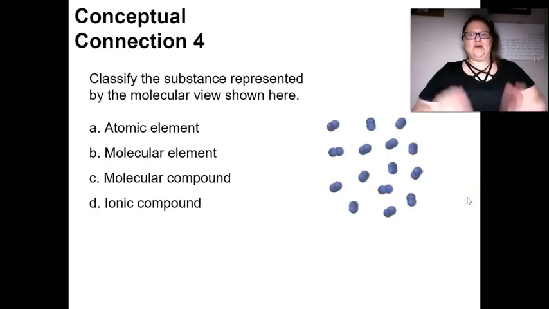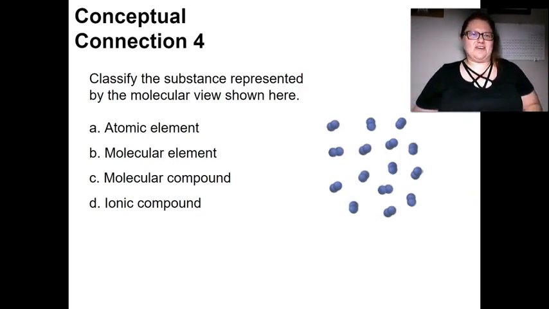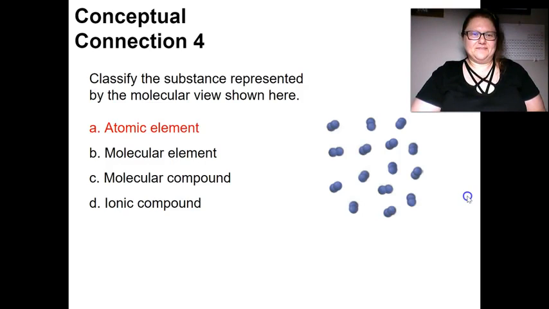All right, so let's take a look at this picture for conceptual connection number 4. Classify the substance represented in this picture by the molecular view that's being shown. What do you think it is? Okay, I'm sorry about that. So this would be an atomic element. That's actually incorrect. Let's fix that, right?